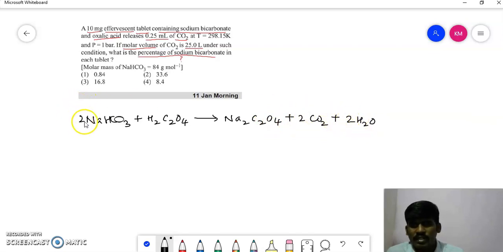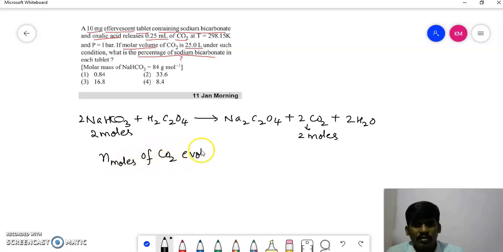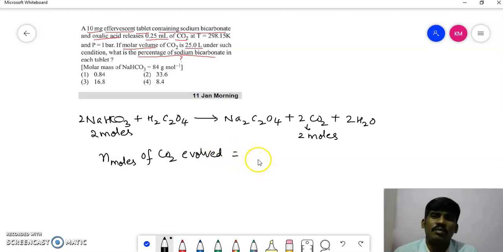If you balance it here, you will get 2 NaHCO3. According to the stoichiometry, 2 moles of sodium bicarbonate react with oxalic acid and give 2 moles of carbon dioxide. But according to the question, now the number of moles of CO2 evolved. But in the previous question, for the number of moles, what is the formula we have written?